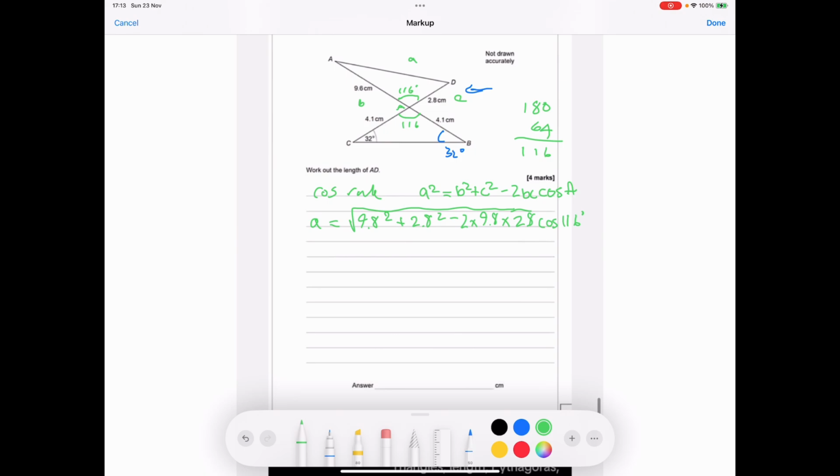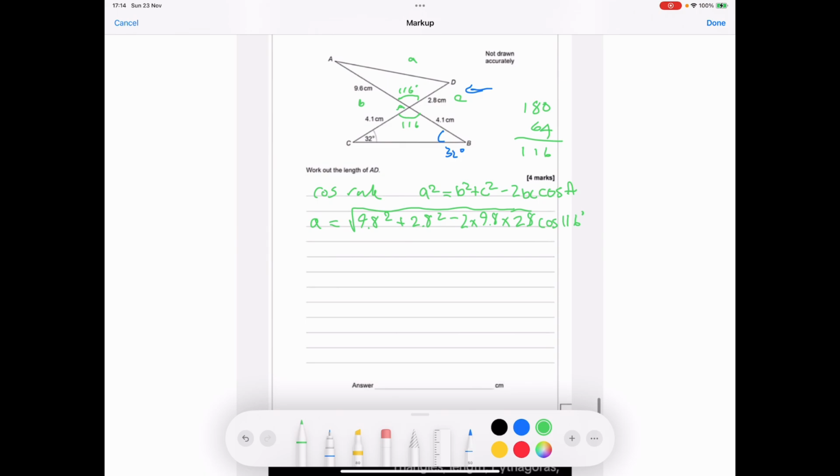So let's do this. It's 9.8 squared plus 2.8 squared minus 2 times 9.8 times 2.8 times cos 116, equals.